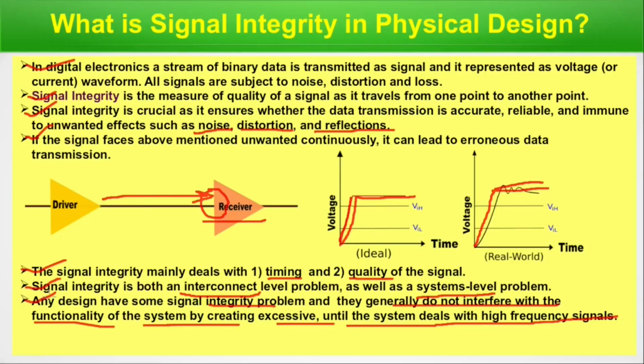This noise margin calculation is within the design, so people always design keeping noise margin in mind. If it remains within the noise margin, it will function, because it's a real world system, not an ideal one. But whenever we deal with high frequency signals, the problem really interferes with the performance of the system. For high frequency state of the art ICs, signal integrity issues are more severe. So let's move to the next slide.